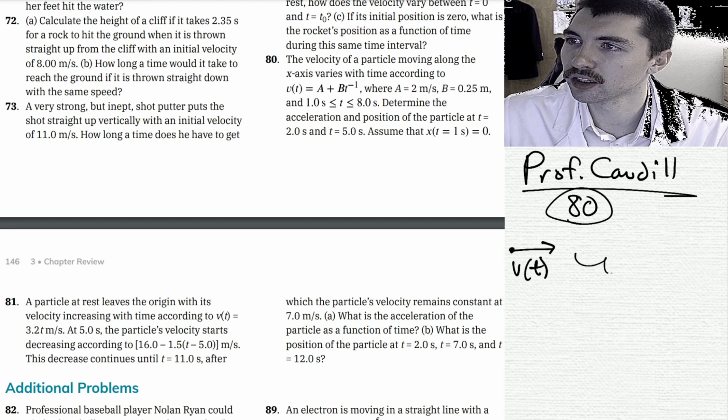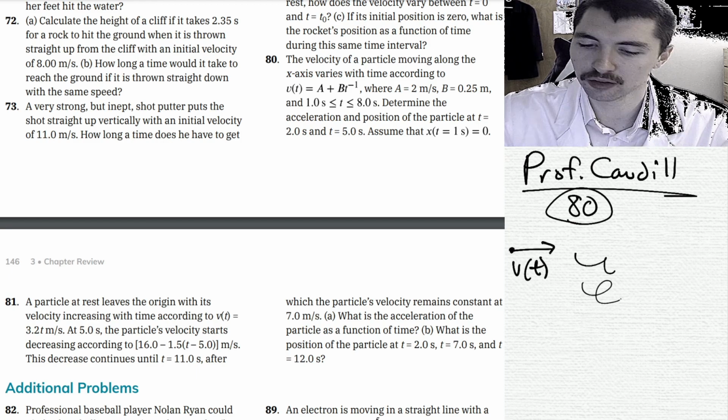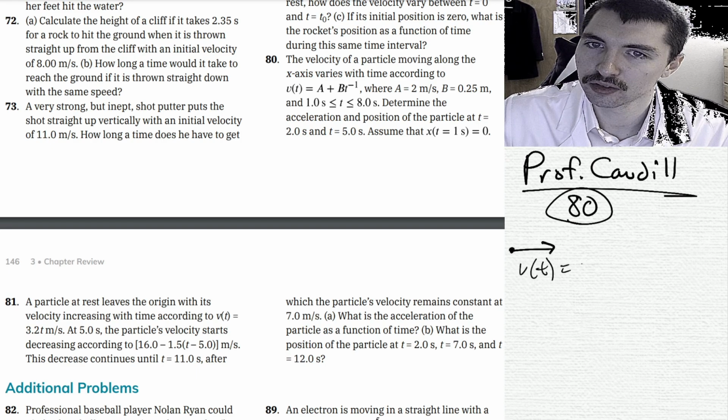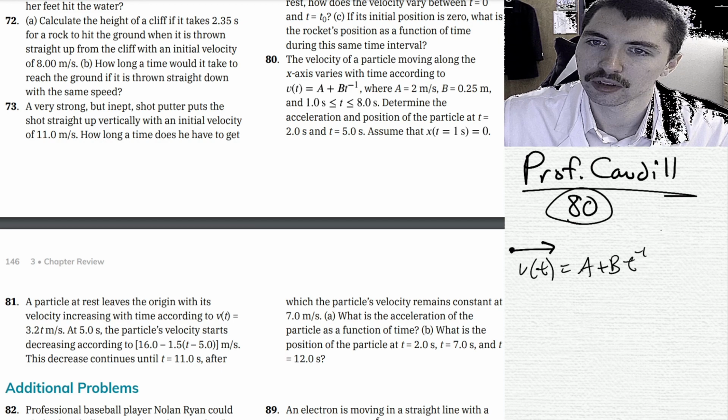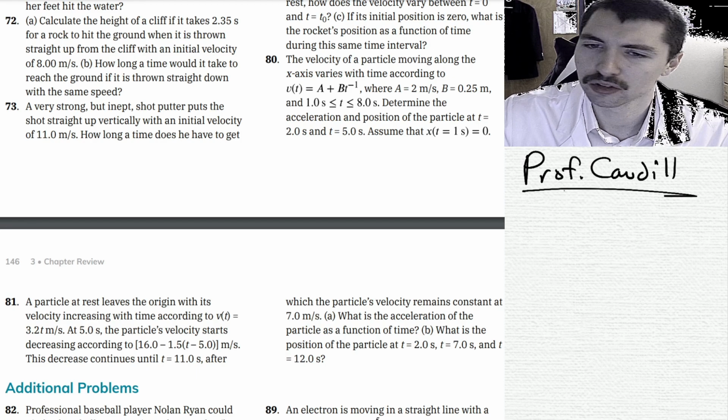Decrease brush size. Okay, there we go. So v(t) is A plus, I think we've already done this one. Have we already done this one? Yes, we've already done this one. So scratch that.